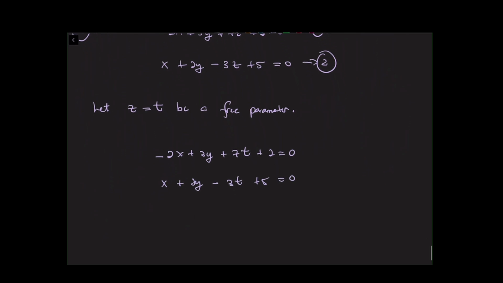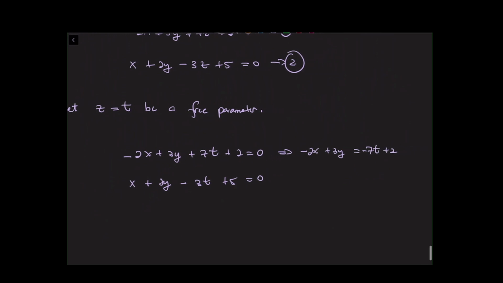For each of these, let's take this one here. Let's throw everything that has t on it and my constants on the right hand side, so I have an equation only in x and y on one side. So I have -2x plus 3y is equal to -7t minus 2.